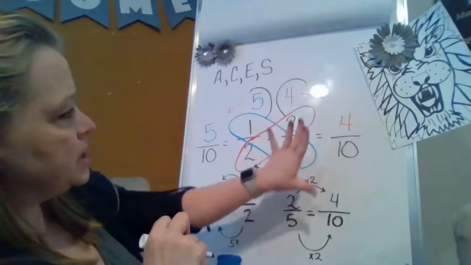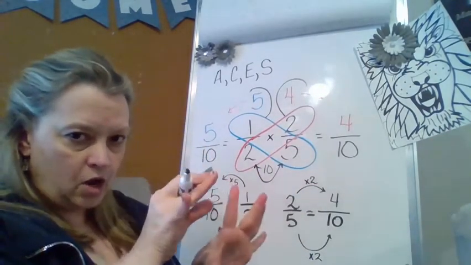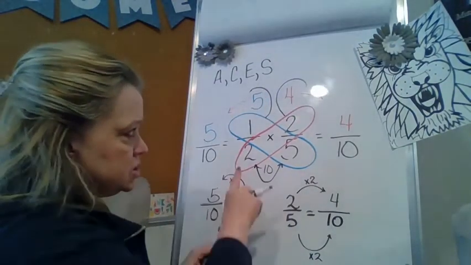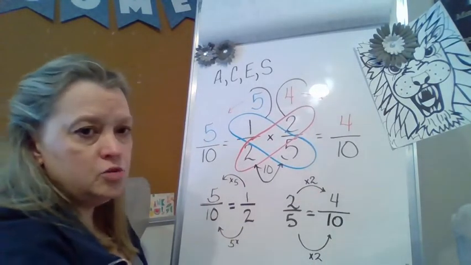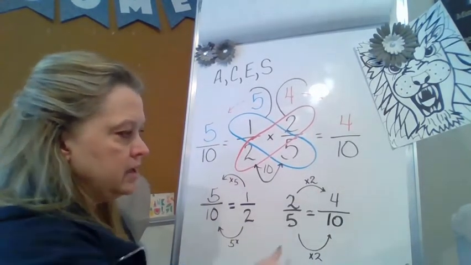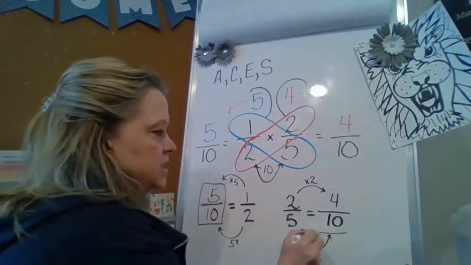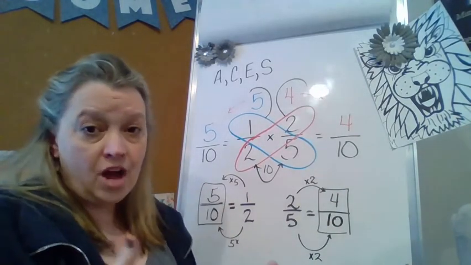So although the butterfly method is nice and neat and easy and tells us exactly where to go, it all makes sense because what it's basically doing for us is it's showing us what we should be multiplying the numerator and the denominator by to find a new fraction where the denominators are the same. I hope that helps.